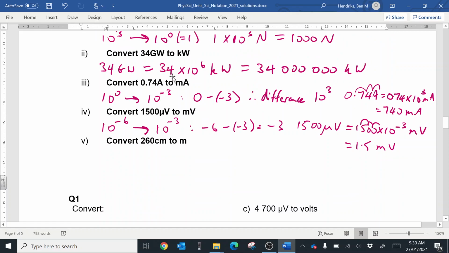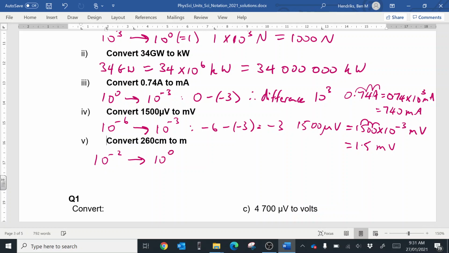Similarly, for converting 260 centimeters to meters, we're going from 10 to the negative 2 to 10 to the 0. So then the difference is negative 2 minus 0, which is going to be equal to negative 2. Okay, simple.